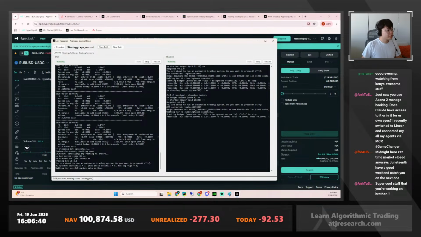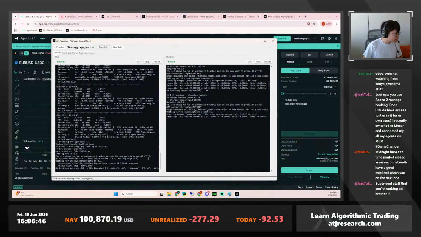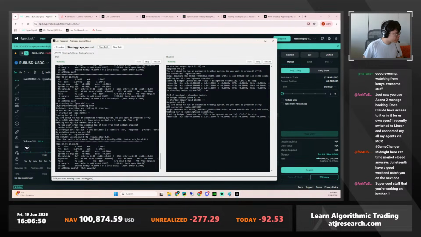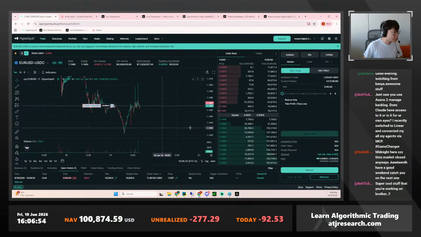I feel like I should clear the terminal. So when I click start, I should clear the previous ones, but it's fine. Let's just leave it like this. And let's see if we can find any trading opportunity here. It's leverage 1 to 30. And so now, yes, you can see that we're adding liquidity. We're adding the ask to the top of book.